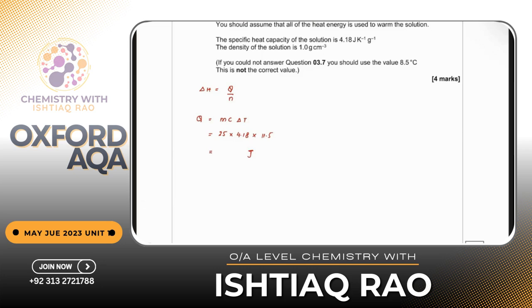What's the answer for Q? 25.0 multiplied by 4.18 multiplied by 11.5 is 1201.75. This is in joules.